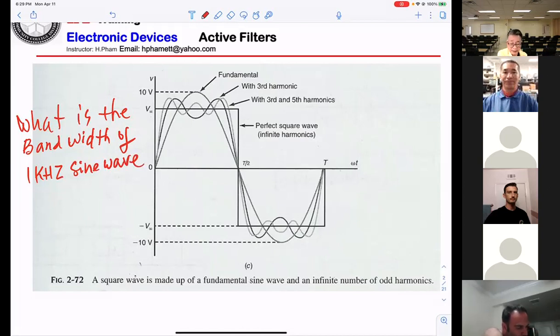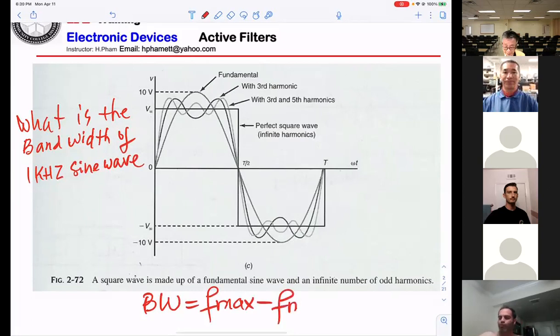The basic definition for the bandwidth equals F maximum minus F minimum.